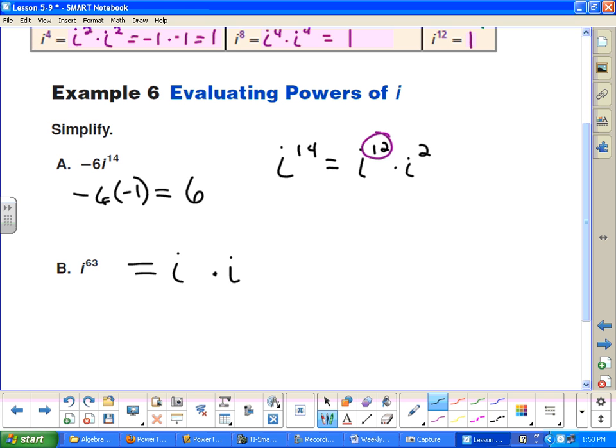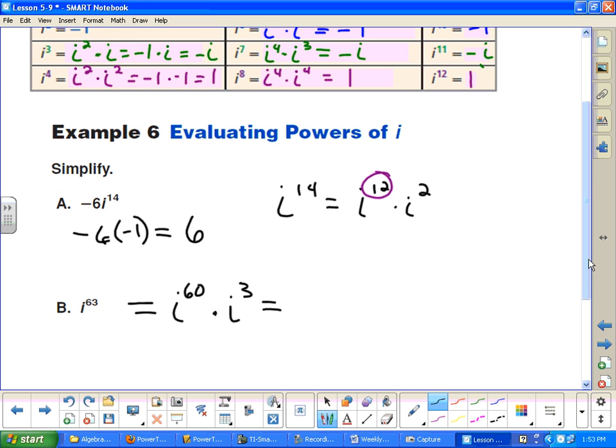No. Is 60 a multiple of 4? Yes, it is. So I could make this i to the 60th and i to the 3rd. And i to the 3rd is negative i. So we want a multiple of 4 and the remainder. If I took 63 and divided it by 4, I would get 15 with a remainder of 3, right? And this remainder of 3 is the number I'm looking for, because that would tell me that it's negative i.